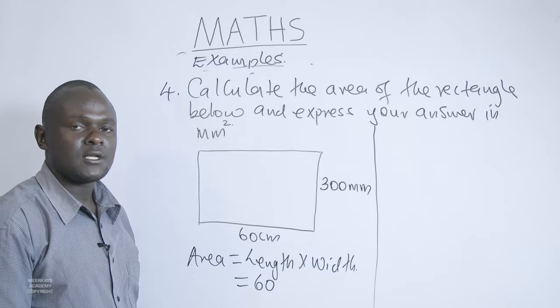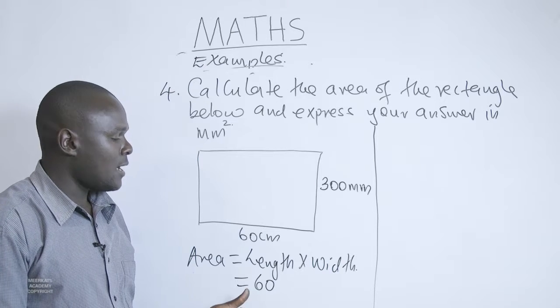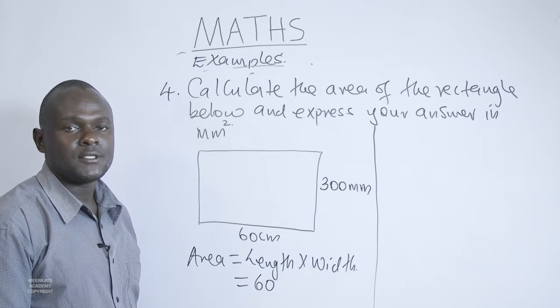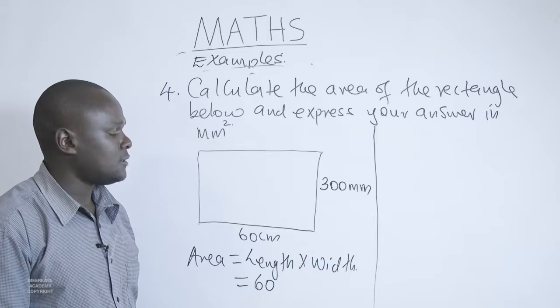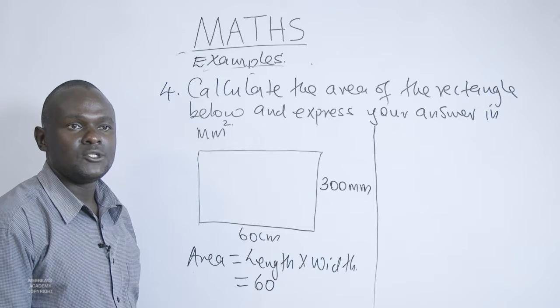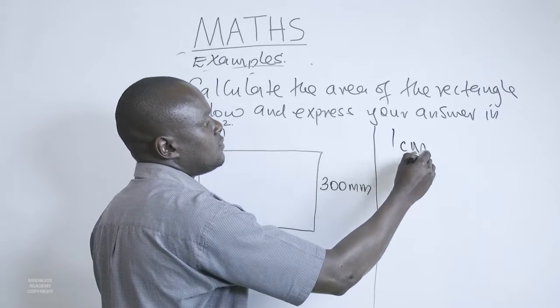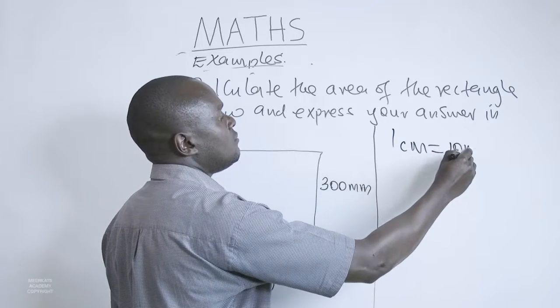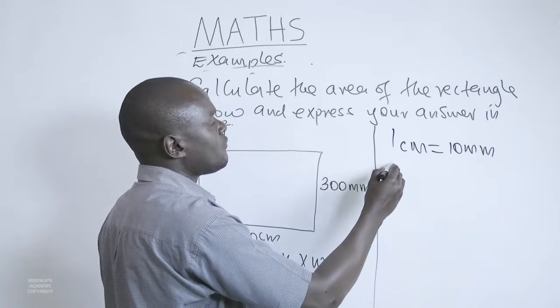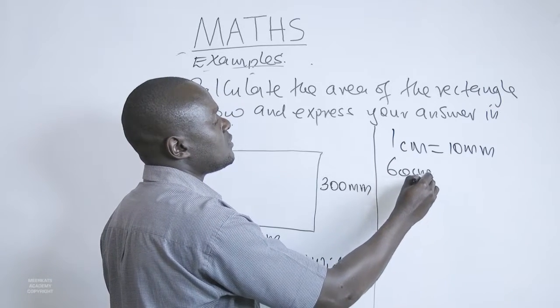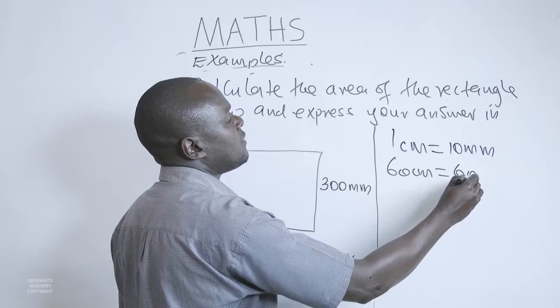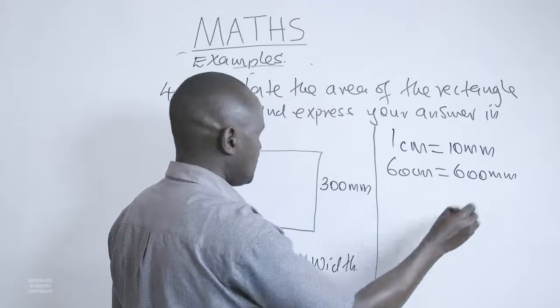We ask ourselves a question: how many millimeters make a centimeter? That is, 1 centimeter is equal to 10 millimeters. Therefore, 60 centimeters will be equal to 600 millimeters.